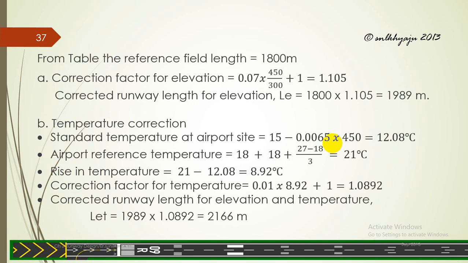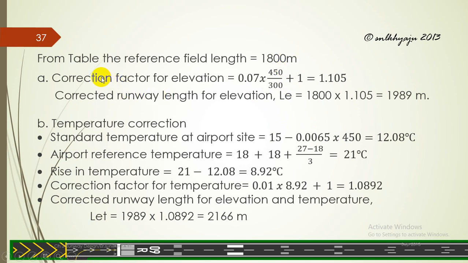Since the given airport reference code is 4D, the reference field length must be greater than 1800 meters. That's why we take the length of the basic runway as 1800 meters.